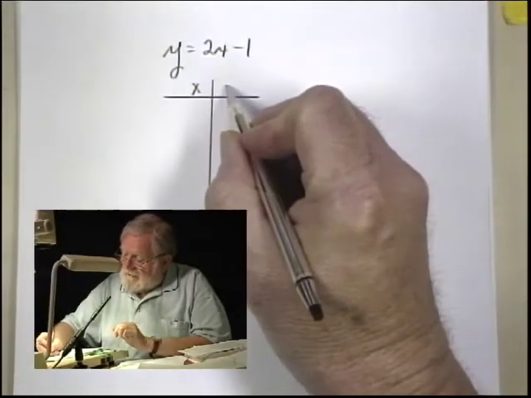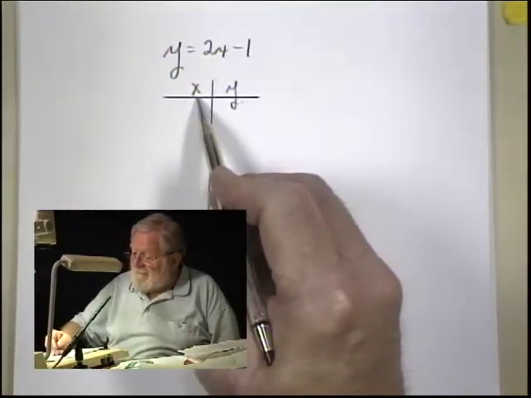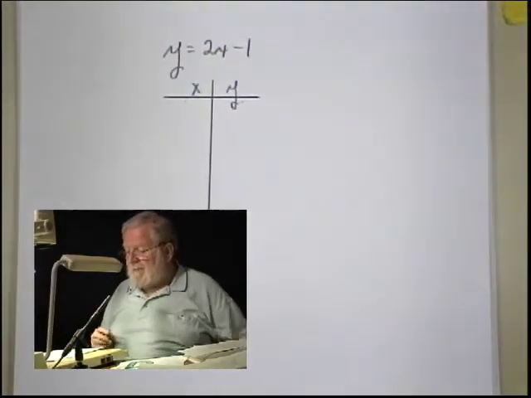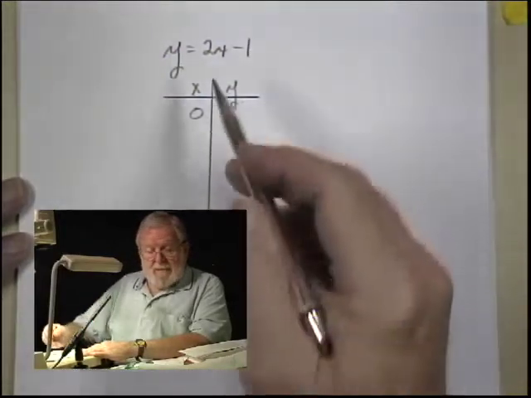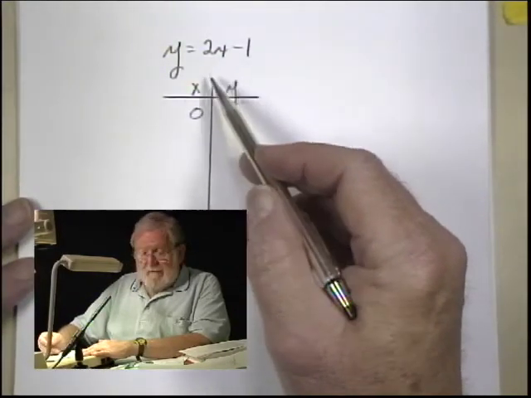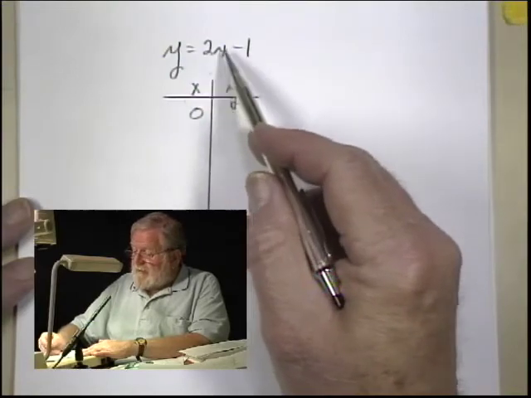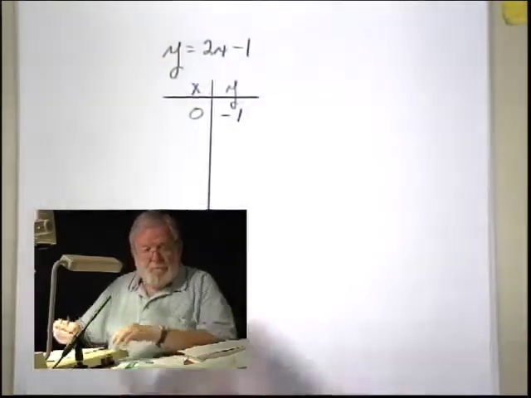And we'll assume values for our x and find out if our x is that assumed value, what would the y be? So I always start with 0. So here we'd have 2 times 0 minus 1 is a minus 1.